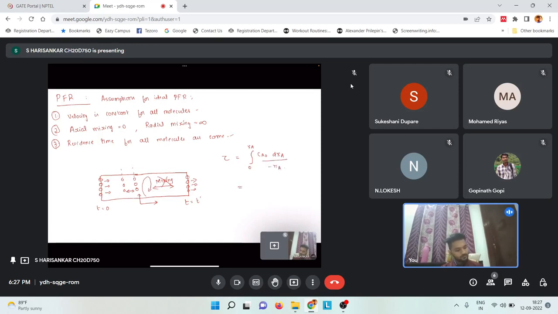Or we can even write this as tau equals the integral from Ca0 to Ca of minus dCa by minus Ra. And this tau you can even write as V Ca0 by Fa0. So these are the general forms of the design equation for a PFR.